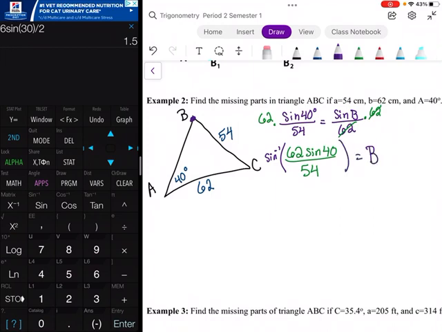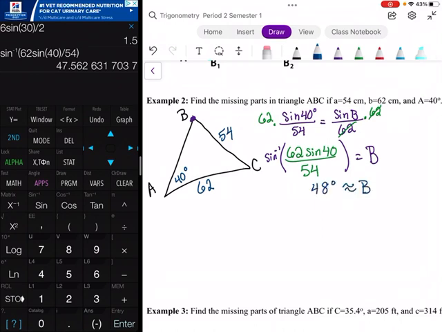So I'm going to just go ahead and type that into my calculator. 62 sine of 40 divided by 54. And when we're working with degrees, you can just go ahead and round your answer to the nearest degree. So for this one, 47.56, I'm just going to round that up to about 48 degrees for B.